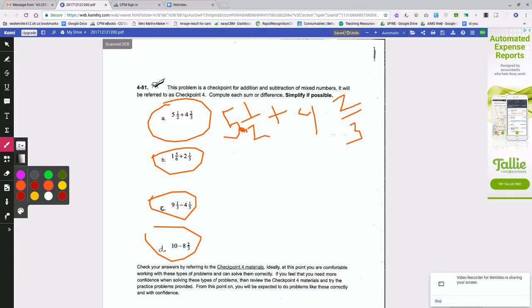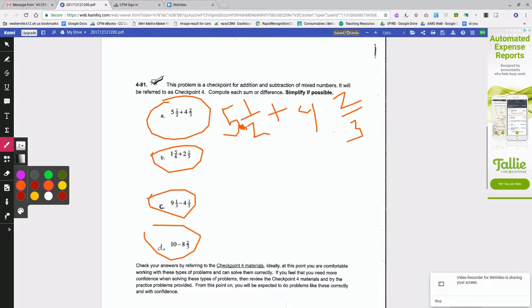So we always multiply by the whole number, and we add the numerator on top. So 5 times 2 is 10, plus 1 is 11. So this becomes 11 over 2. And then I add that to my 4 times 3 is 12, plus 2 is 14 over 3.